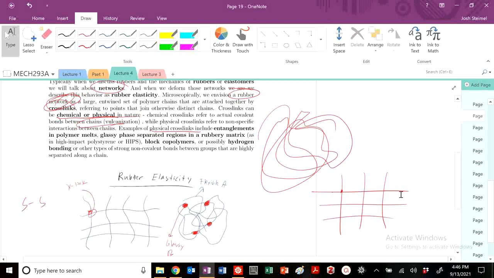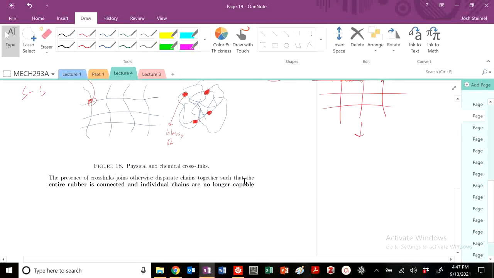So they're basically fixed lattice points, fixed and stuck. So when I pull this material, this region is going to move collectively. This region in between here could wiggle and move around, so there could be different relaxation timescales, but these points will all move collectively. So that's the idea here.